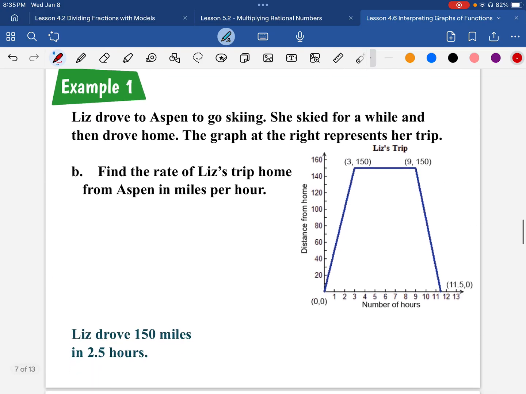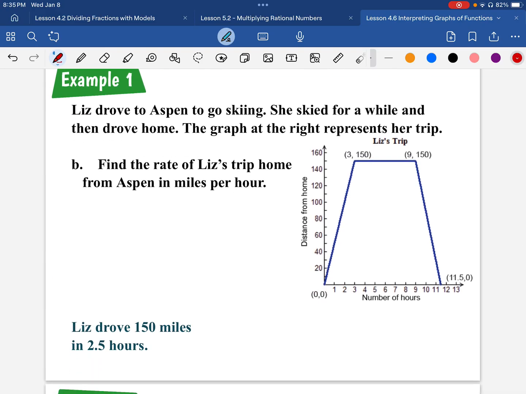Okay. Now let's find the rate of her trip home from Aspen. So on the way home, she is still traveling 150 miles. And this time she goes from, let's see, this is kind of hard to draw. If I had a ruler, I think it would make it a little bit better.